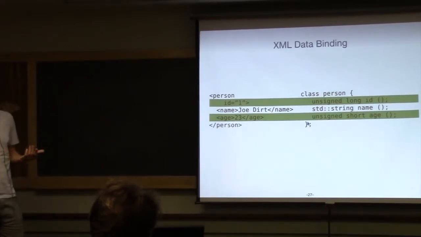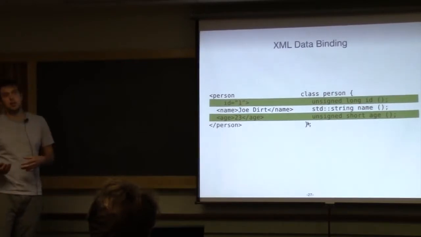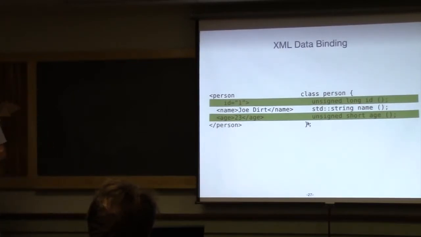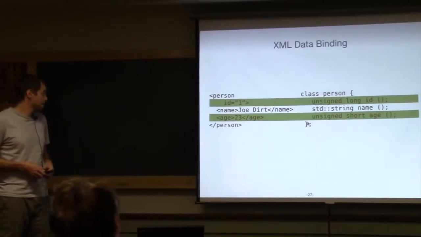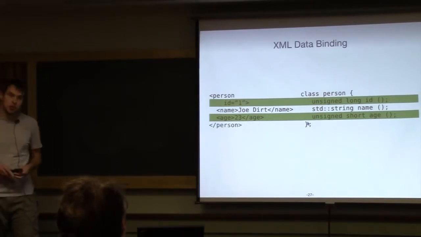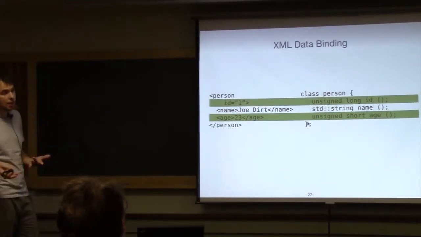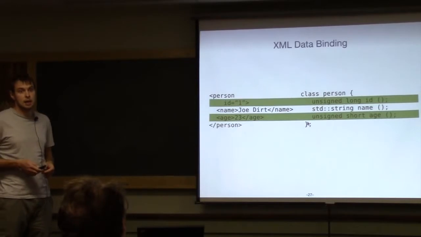So for example, instead of looking for an element called age, getting its text content and converting it to an integer, you just call the member function called age, and it returns you an integer directly. XML data binding can also be in-memory, which is the most common, and streaming and hybrid. And for really large XML vocabularies, it can save a lot of tedious mind-numbing coding.